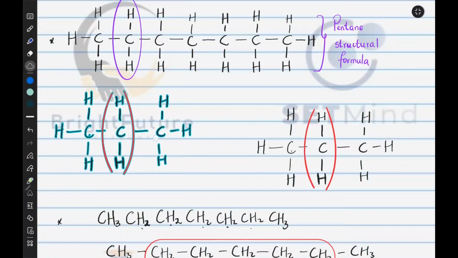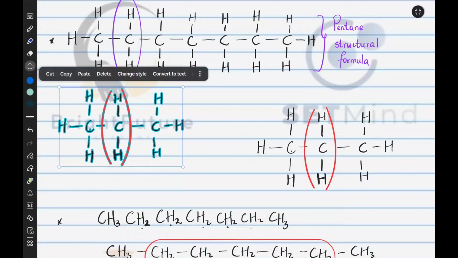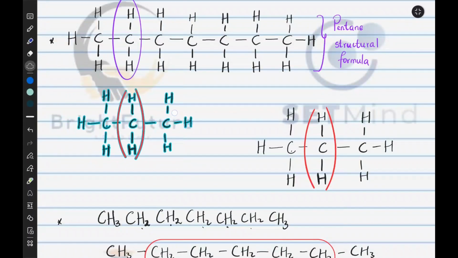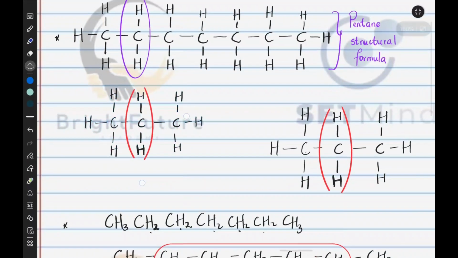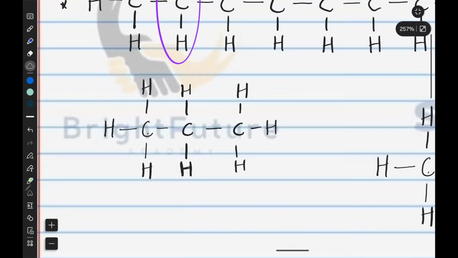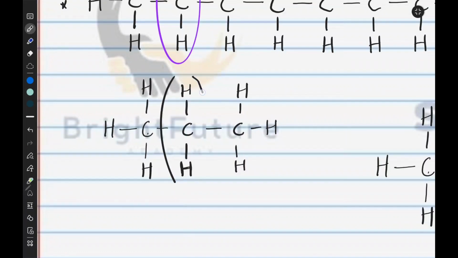Put it here. Right, and then you would put the M here, where this M is an integer, right?